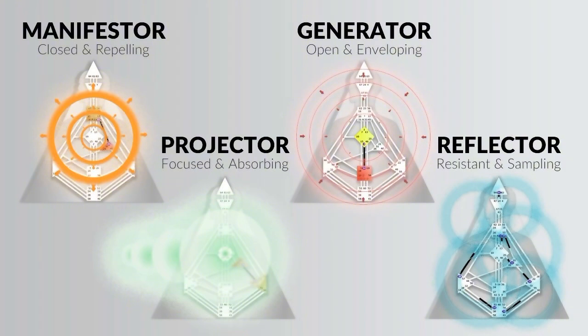And remember, this is one of the most fascinating things about type, that it is expressed through the aura. And those auric qualities lead to a certain way in which the being lives out their life. These are controlling factors. If you've got an open and enveloping aura like a generator, it means that you're pulling conditioning into you all the time.